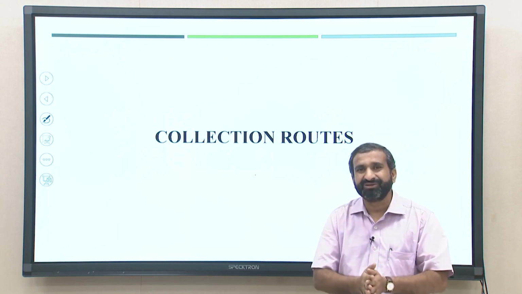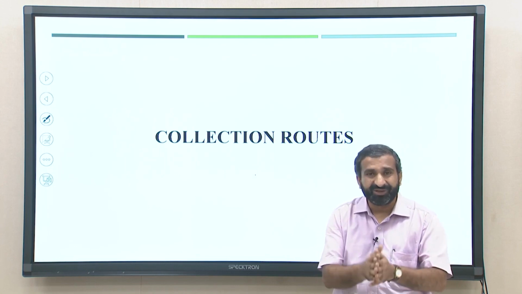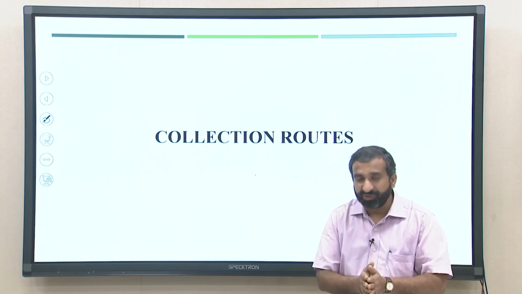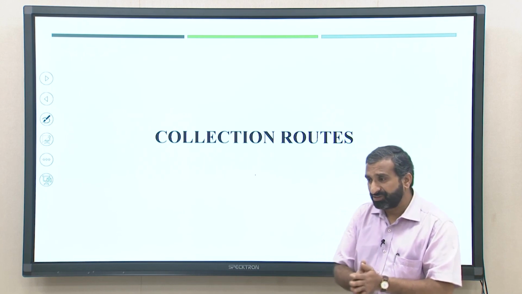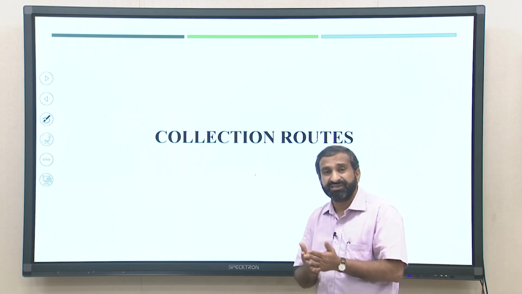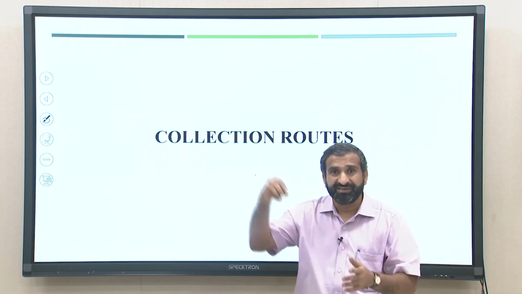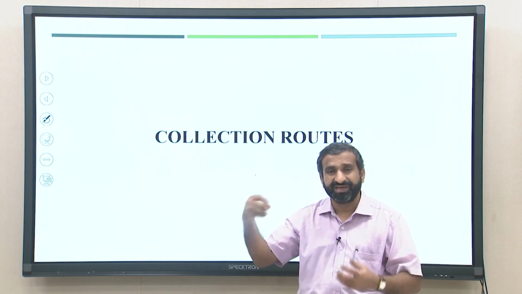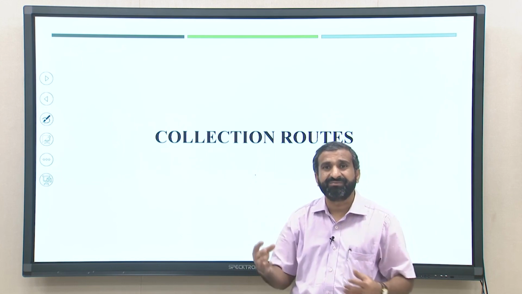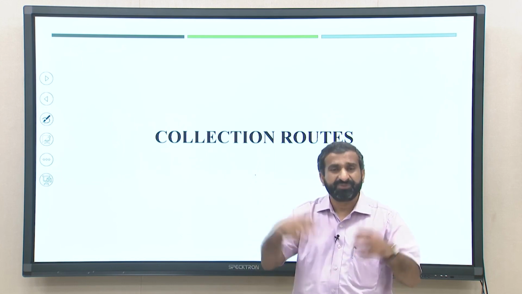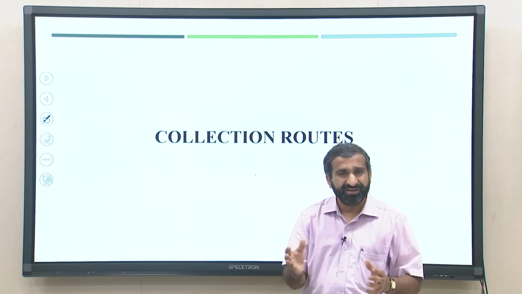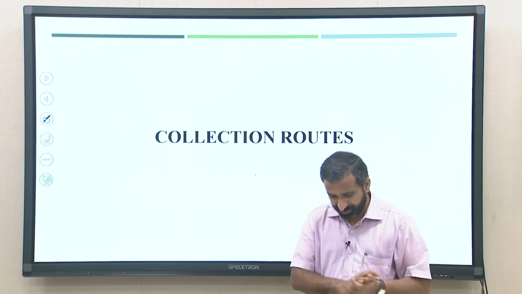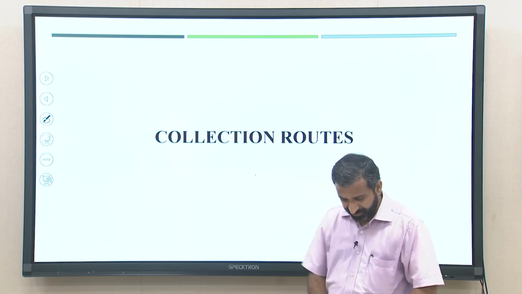What corporations used to do is finalize based on their experiences, but now under the Swachh Bharat Mission, some of the cities have started GPS facility on the vehicle. So, we can map or plan a particular route, and if the routes are not economical, from time to time we can change that particular vehicle route.